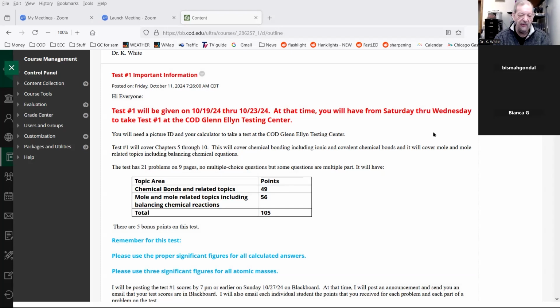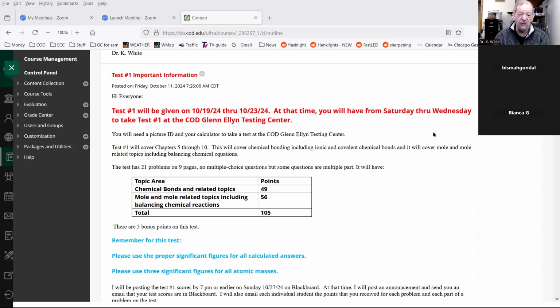There are no multiple choice questions, but some of the questions will have multiple parts. It will have 49 points on chemical bonds and related topics, such as electron shell and subshell, and 56 points on mole and mole-related topics, including balanced chemical equations or reactions. Both are the same, synonyms.